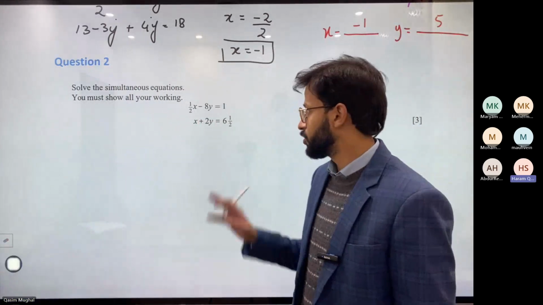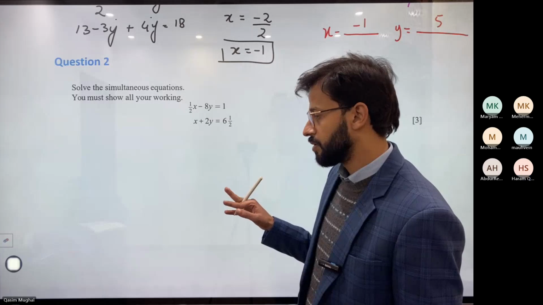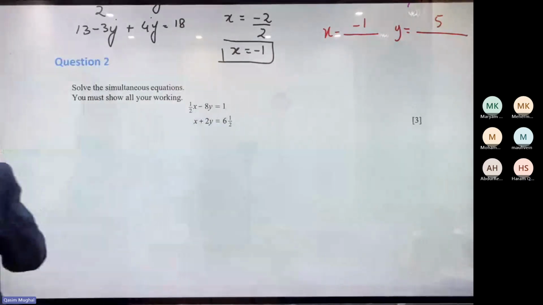Yes, sir. ये मुश्किल था. जी sir. अच्छा चलिए अभी आप करते हैं, कोई मसला नहीं.